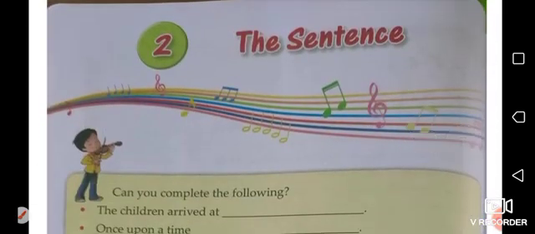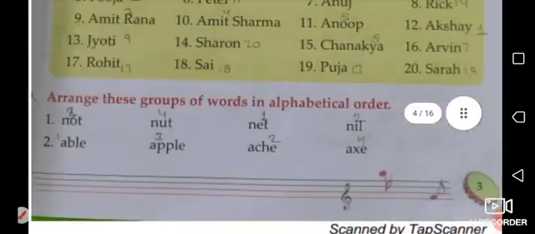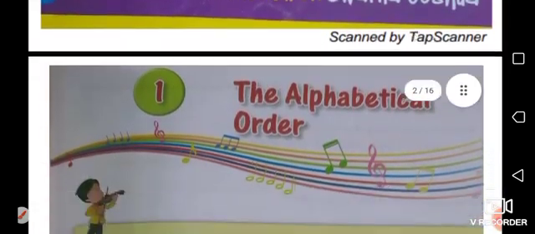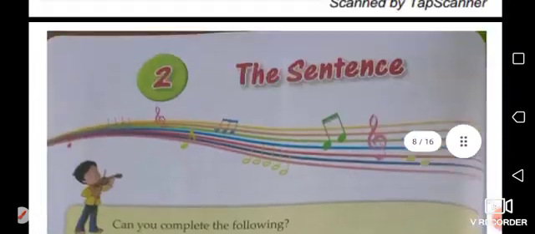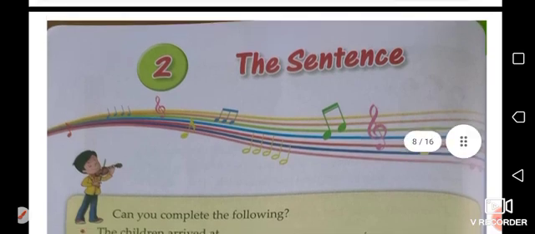In our previous chapter, we had revised the alphabetical order. In today's class we will revise chapter number 2, the sentence.